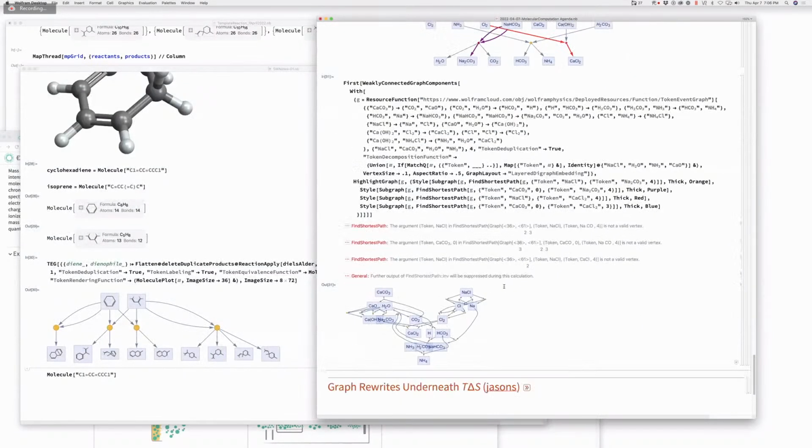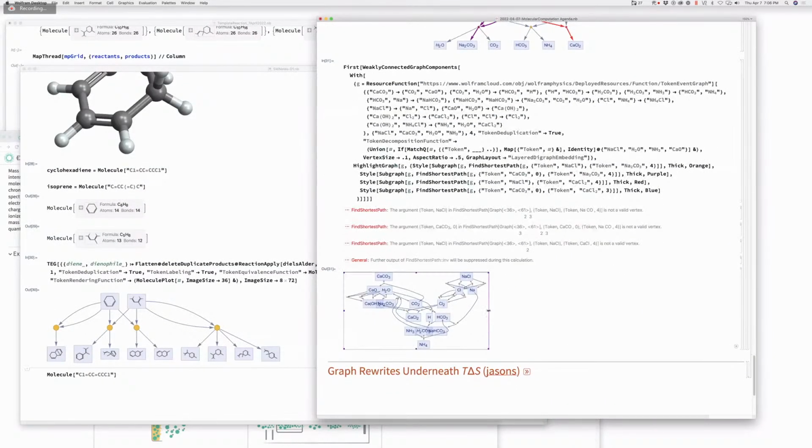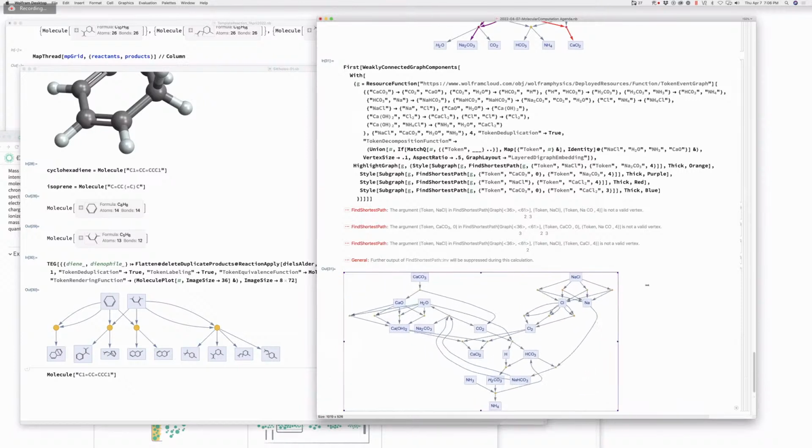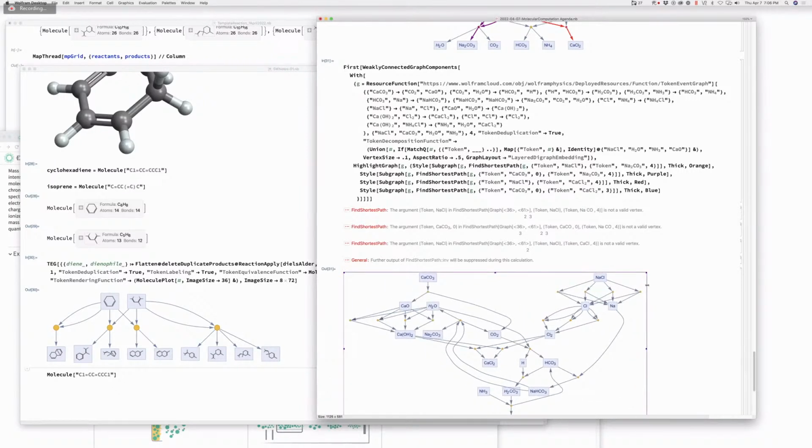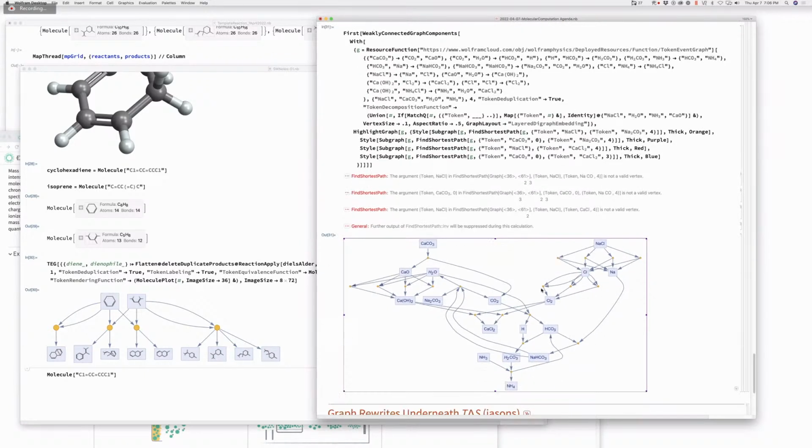But it's not going to work because of the highlighting. When you have token deduplication set to false, you specify the tokens in a different way. The highlighting is wrong, but the final output is fine. I don't quite understand what this is doing. So this is saying we get as output calcium chloride and soda ash, but that's not soda ash.